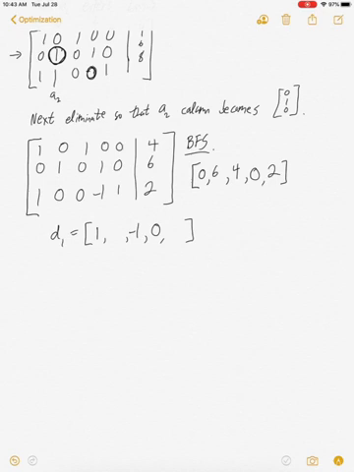So that means I need a negative 1 in the third position. So if I look at the second row, I'm gonna need a 0 in this position, and in the final position, I'm gonna need a negative 1.